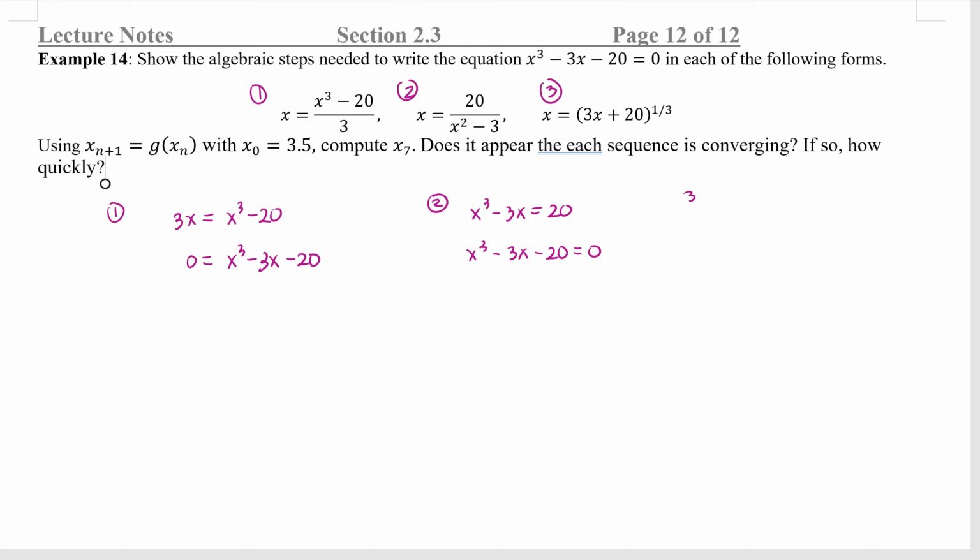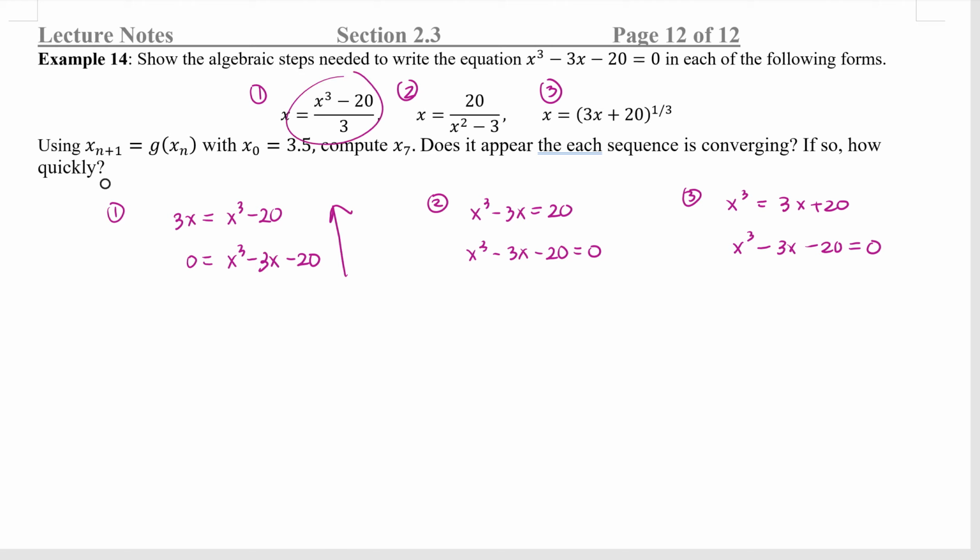Last one, we can cube both sides. And then we have 3x plus 20. Then we can move all the terms to the left-hand side. And we get it. So far, so good, everybody? So we can see, just go backwards.